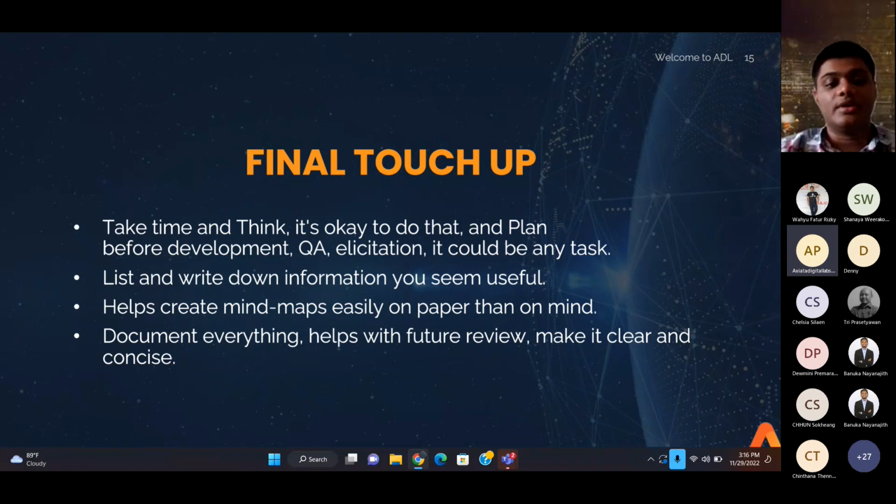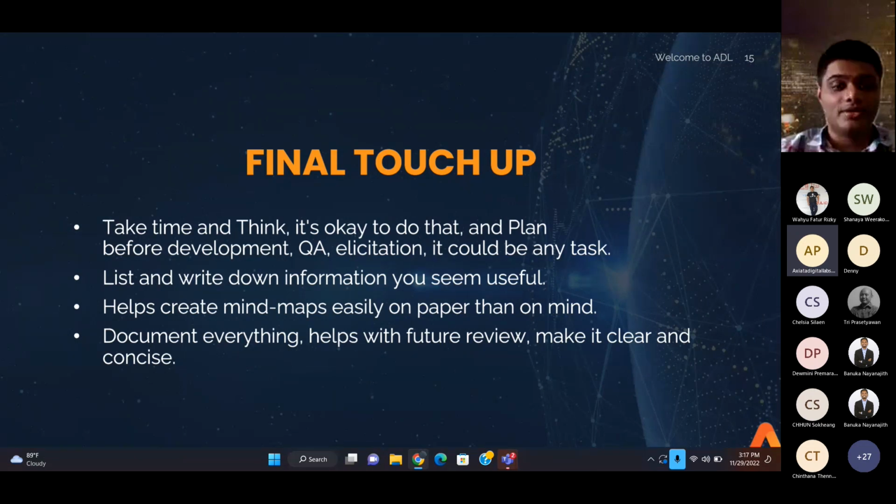You can use sheets and create mind maps on paper, because it's easier to draw, because the mind cannot store much in temporary storage, just like the cache in this laptop, which is limited. You cannot store larger mind maps and draw pictures in the brain. So therefore, it's easier to create it right on the paper and draw the lines.